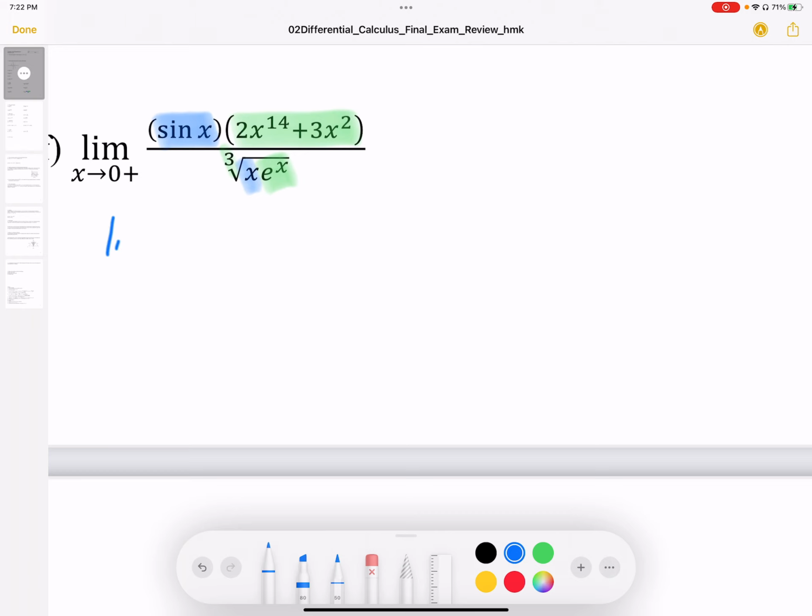Okay, so then this portion is going to look like this. I'm going to have the limit as x approaches 0 from the positive side of sine x over x to the power 1/3.